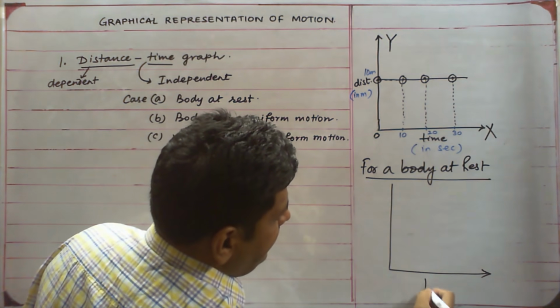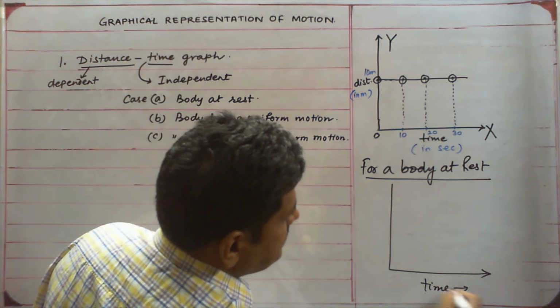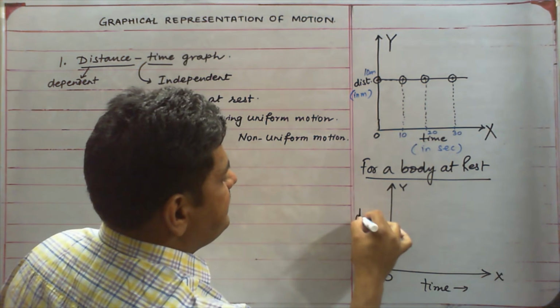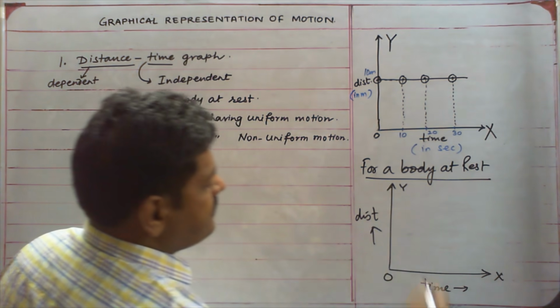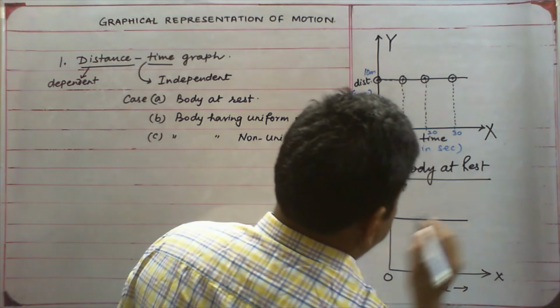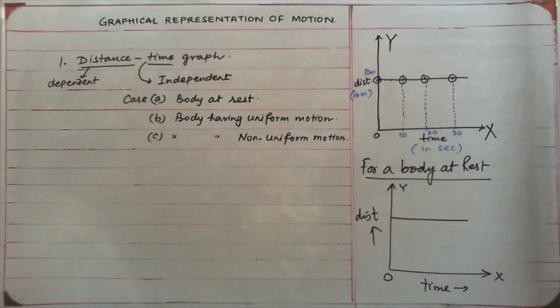This is time, this is origin, this is y-axis, this is x-axis, this is distance, and the graph would be a line which is parallel to the time axis.